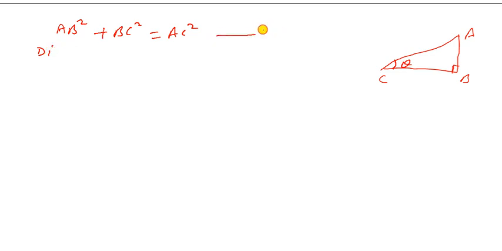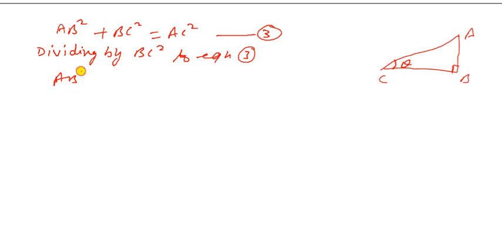Suppose this is your third equation, dividing by BC squared to equation third, what will happen? It is AB squared upon BC squared plus BC squared upon BC squared is equal to AC squared upon BC squared.